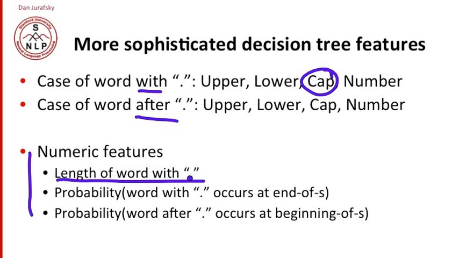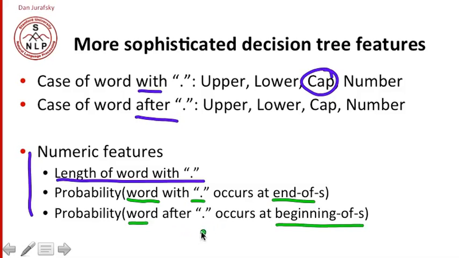So I can say, let's look at the word I'm looking at right now and ask, in a corpus where I already know where the sentence boundaries are, how often does this word occur with a period at the end of a sentence? Is this the kind of word that ends a sentence? Is this a kind of word, for example, that tends to start a sentence?